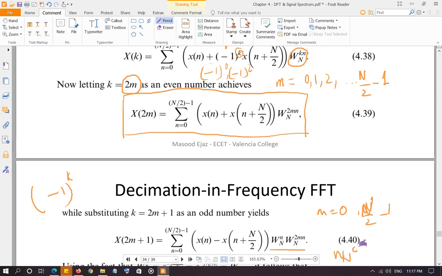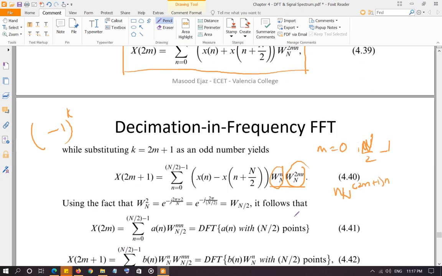So W_N to the power k is 2m plus 1 times n. So you have W_N of 2m times n, which is this, and then W_N to the power n, which is this, right? That's why these two terms are here. Okay, just wanted to explain that.